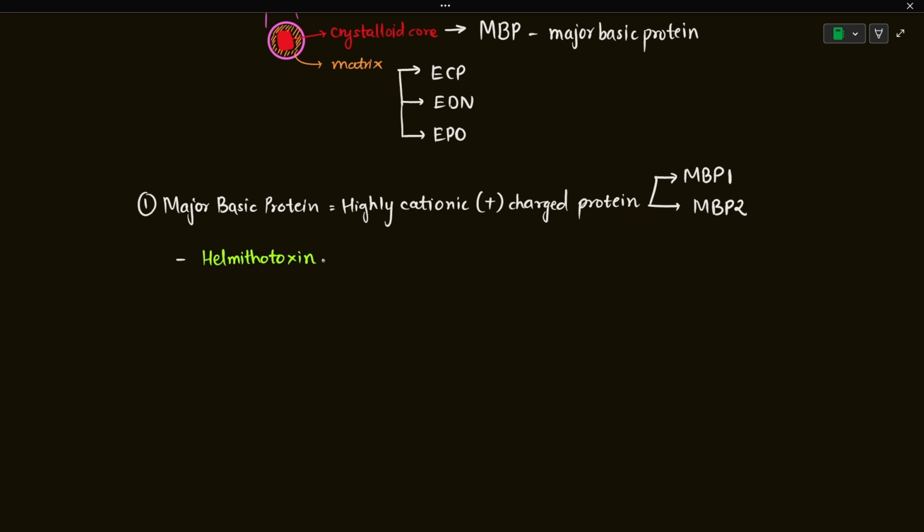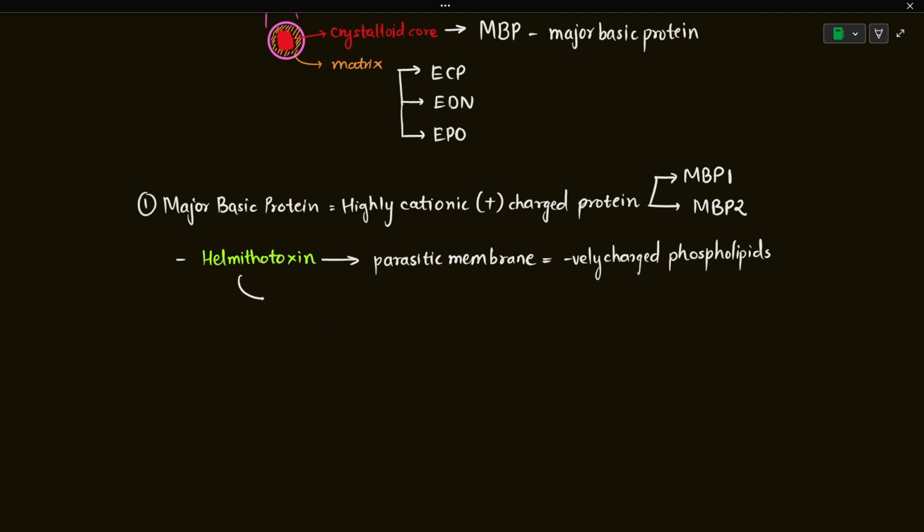So what will they do? Those major basic proteins are positively charged, so they bind to the negatively charged phospholipids present on the membrane of the helminths, the parasitic membrane. To those phospholipids the MBP binds, and due to this binding the parasitic membrane will be disrupted.